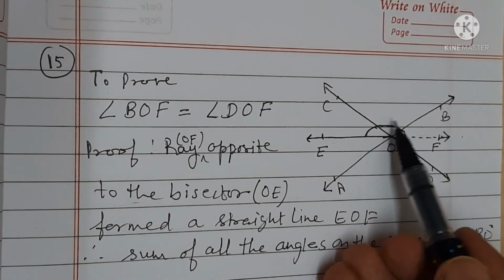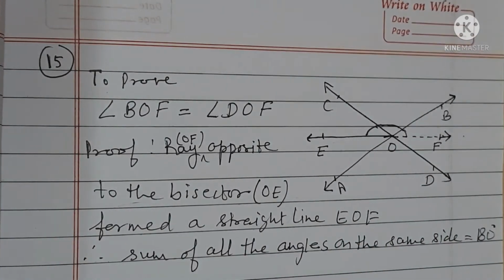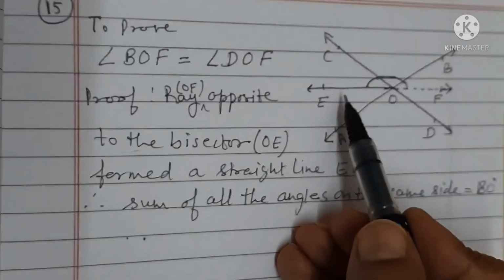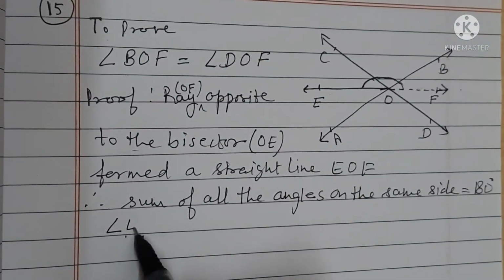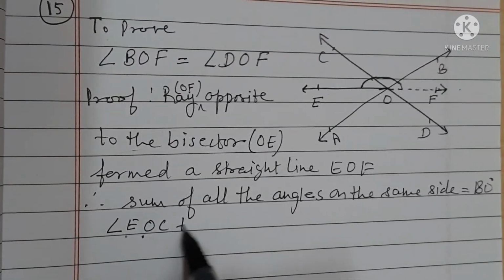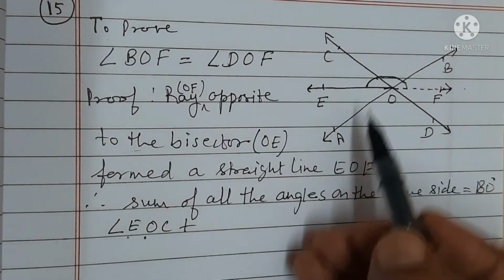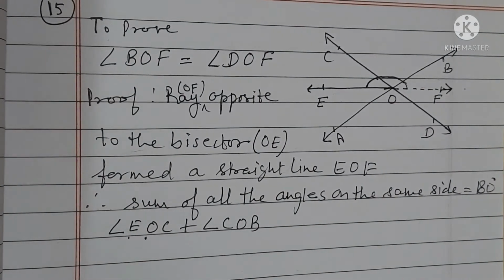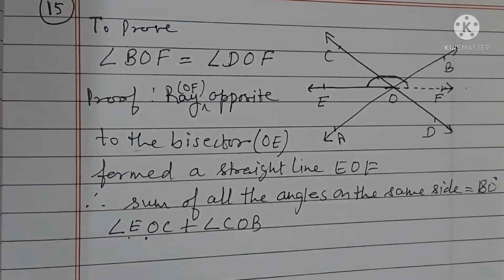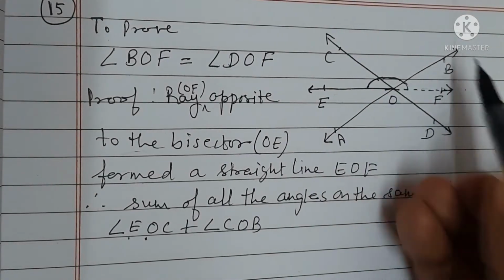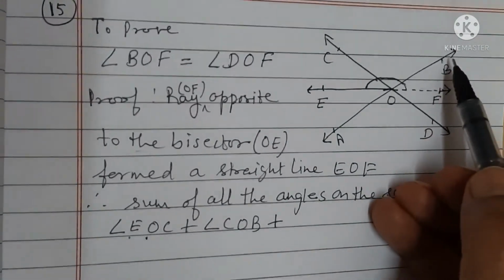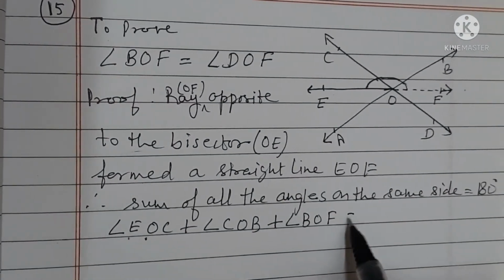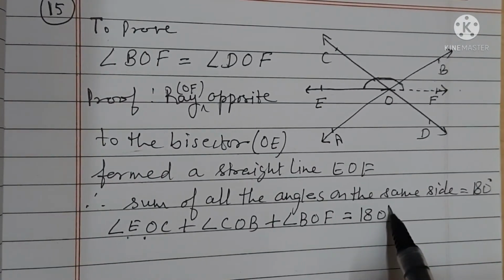You studied this theorem, we explained in my previous video. So you can write angle EOC plus angle COB plus angle BOF is equal to 180 degree.